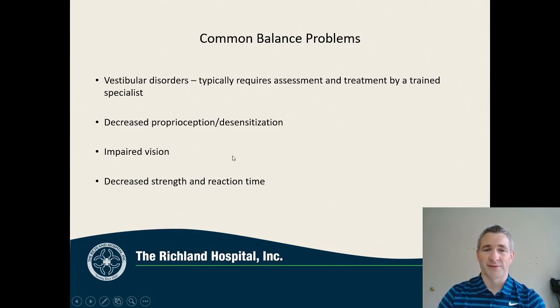But still, vision is very important for balance and seeing where we're going. And then finally, decreased strength and reaction time, especially as we age. If we become less active and start losing strength, when we have to adjust to catch ourselves with balance, sometimes that becomes a little bit more difficult. And so these are all things that we work on and we treat here in physical therapy.